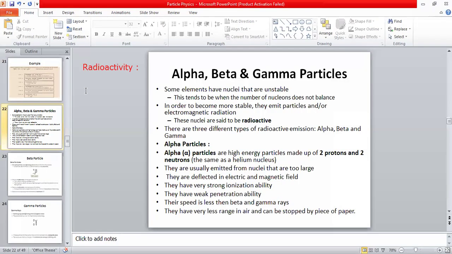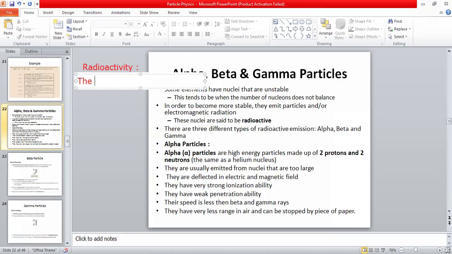They try to convert those unstable nuclei into a more stable form. Whenever unstable nuclei convert into a more stable form, they emit radiations. The radiations given out during this process are known as alpha rays, beta rays, and gamma rays. So what is radioactivity? I can just write it down here.